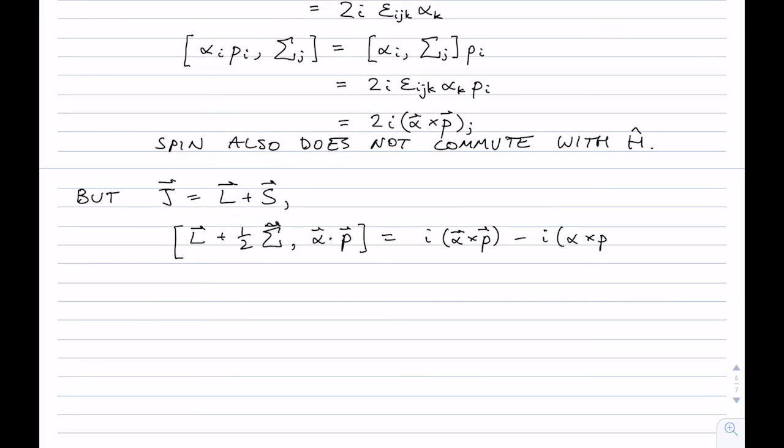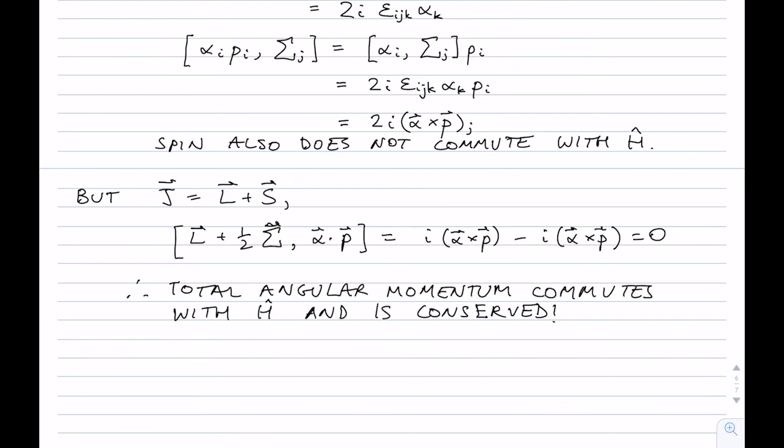So the spin part and the orbital angular momentum part exactly cancel each other out, and so you get 0. And so therefore total angular momentum is conserved.